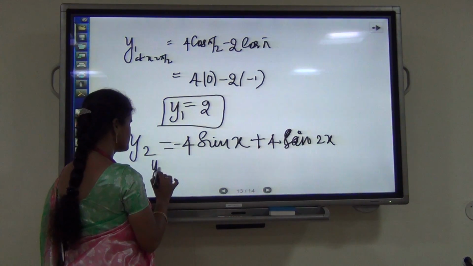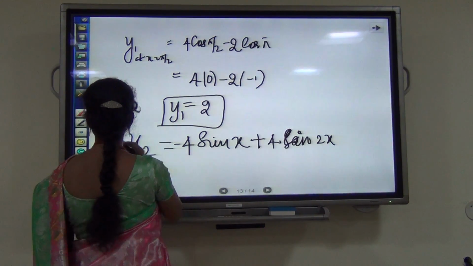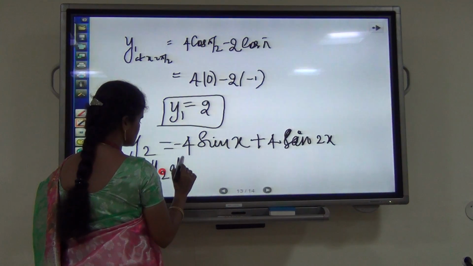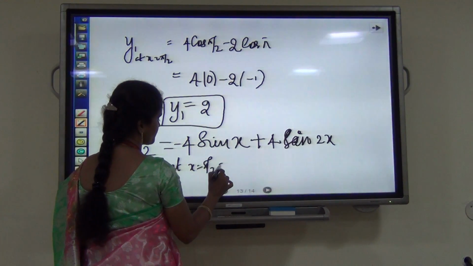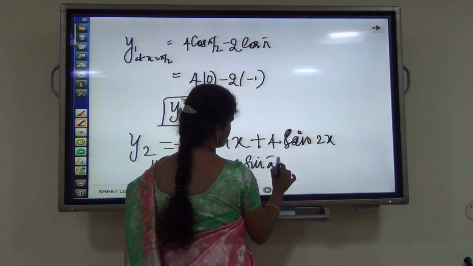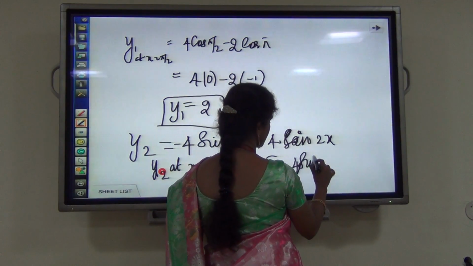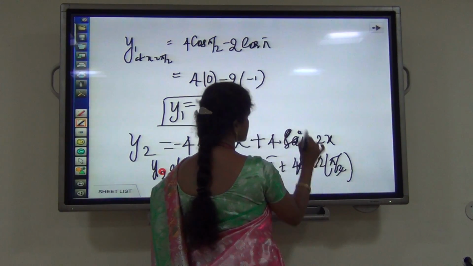Now y2 at x is equal to pi by 2 is 4 sin pi by 2 plus 4 sin 2 times pi by 2.